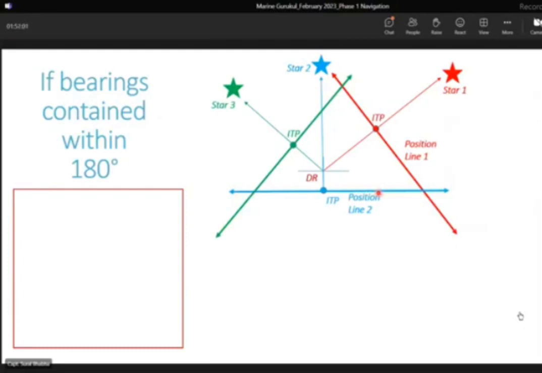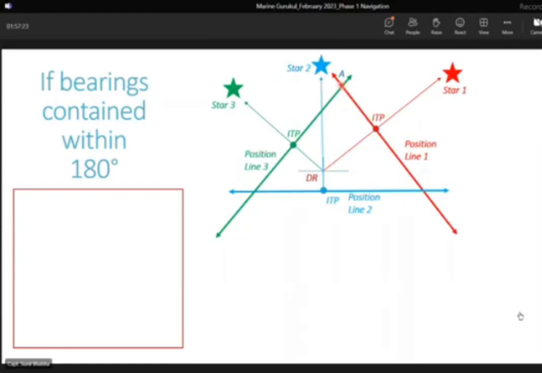Now once we have identified the middle PL, in our case the blue color PL, you will see that this middle PL is involved in making two angles of the triangle. Let us name the vertices of the triangle.